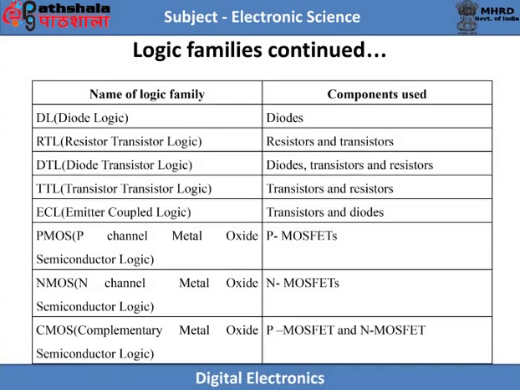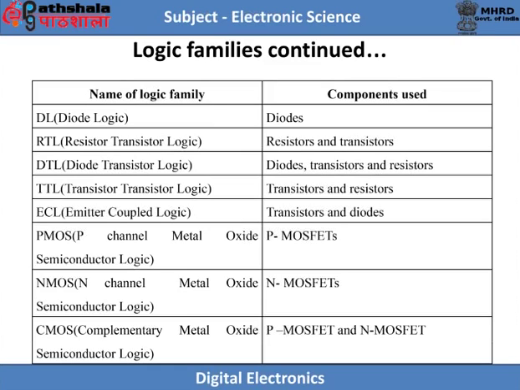Let us consider different logic families and the components which are used in the fabrication of that logic family. DL, diode logic, uses diodes as the basic component of fabrication. RTL, that is resistor transistor logic, uses resistors and transistors as the basic components.